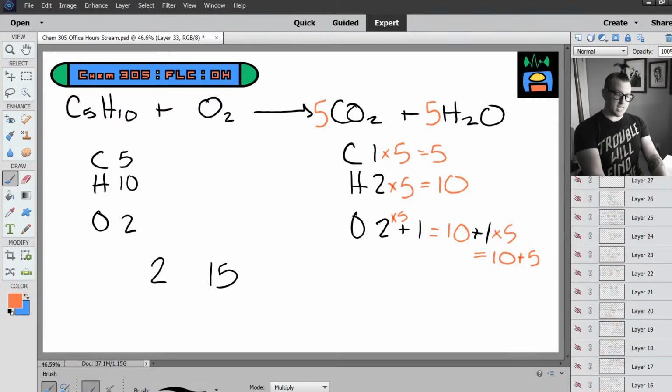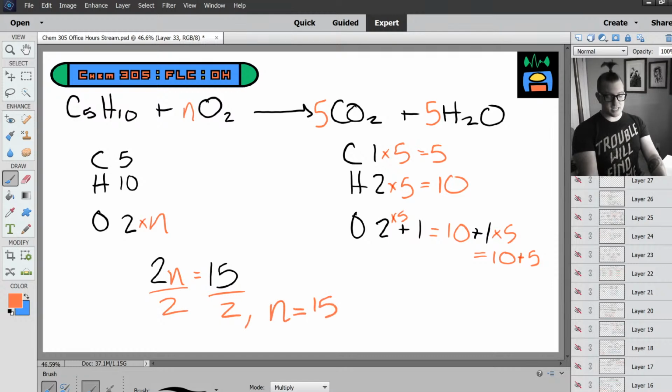We need to multiply O2 by a number that's going to make these 2 sides of the equation equal. When we solve for that number, we see N is equal to 15 halves.